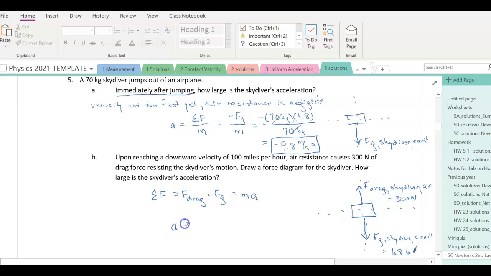So the acceleration is going to be the drag force minus the force of gravity divided by the mass, which is negative 386 divided by 70. And so that's going to be negative 5.514 meters per second squared.